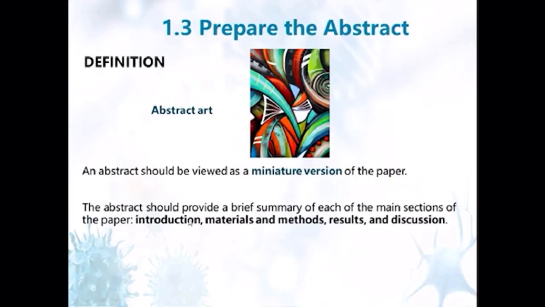The abstract should provide a brief summary of each of the main sections of the paper, such as introduction, materials, methods, results, and discussion. All these sections should be included in the abstract.